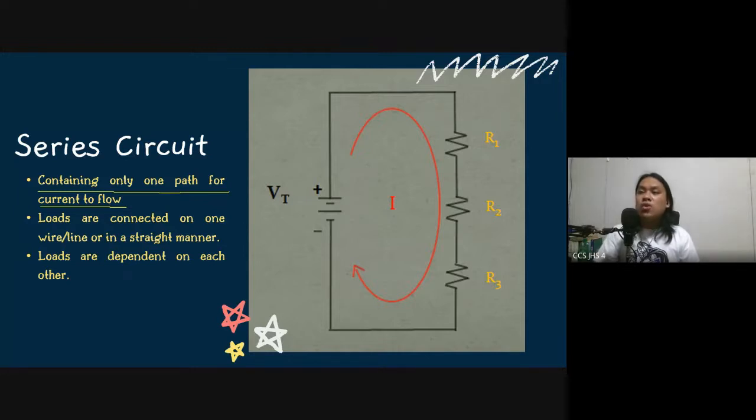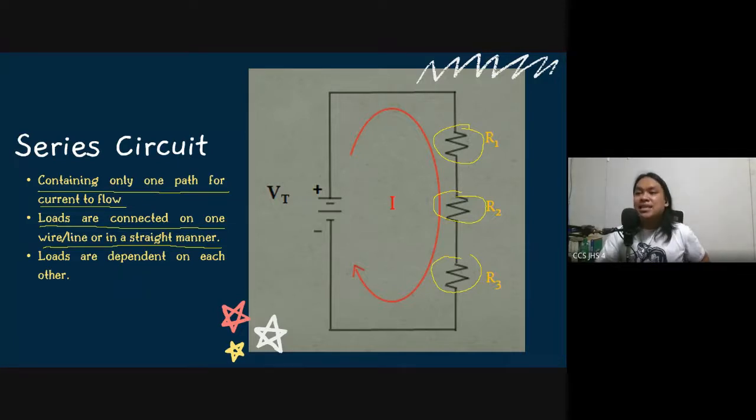Next, loads are connected on one wire or line or in a straight manner. As you can see, the one path is only the line that connects our three loads. There is no other wire to see there. Our loads are connected in a straight manner along the wire.